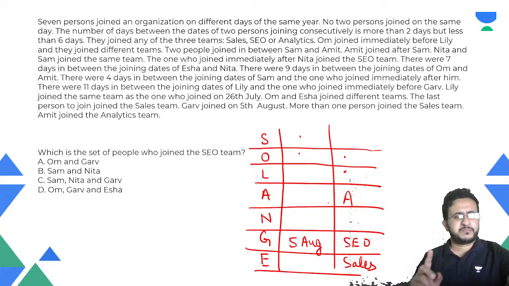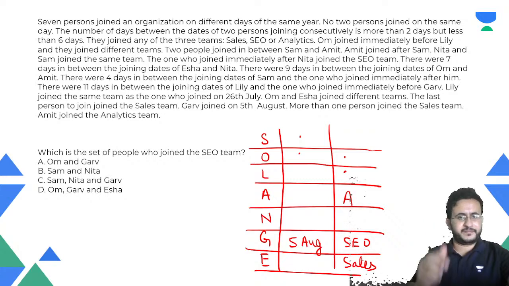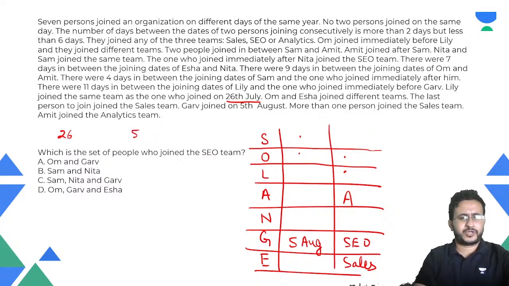Now the thing is, we are given that there is one person on 26th July. How many days are there from 26th July to 5th August? So we have 27, 28, 29, 30, 31, that is 5 days, and then 1, 2, 3, 4. Okay?